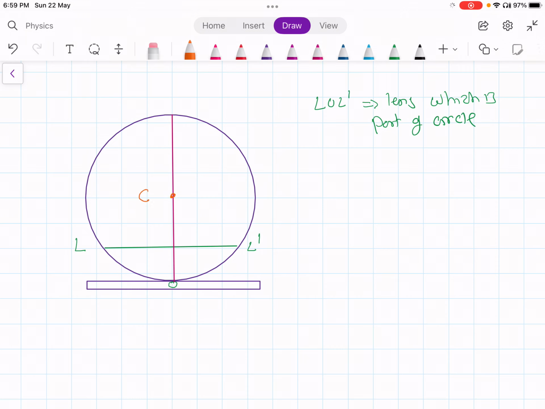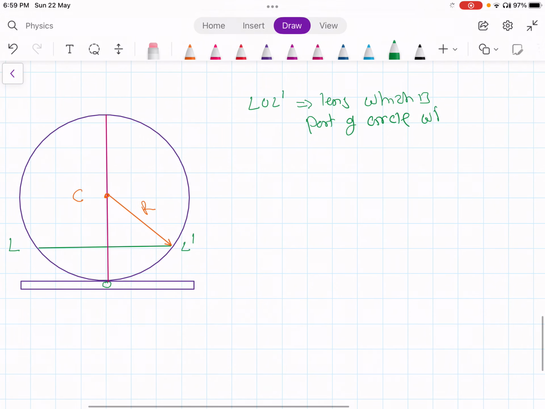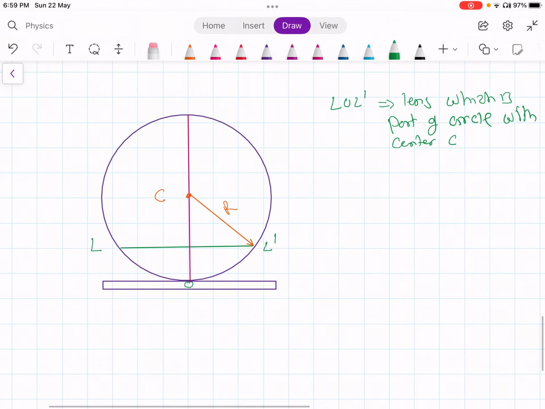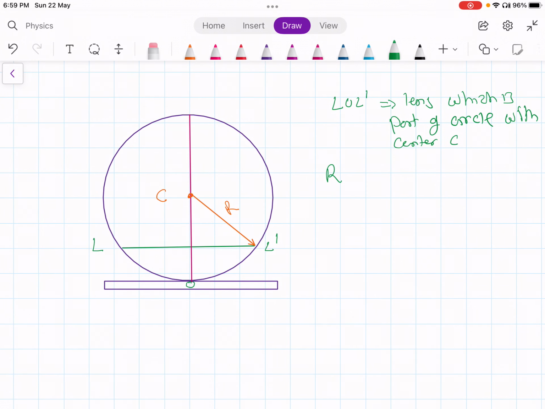This is the center of that circle, and this is the radius of that circle, R. So LOL dash is a length which is part of the circle with center C. Then this R is the radius of that circle, but actually this R is the radius of curvature of the lens also.